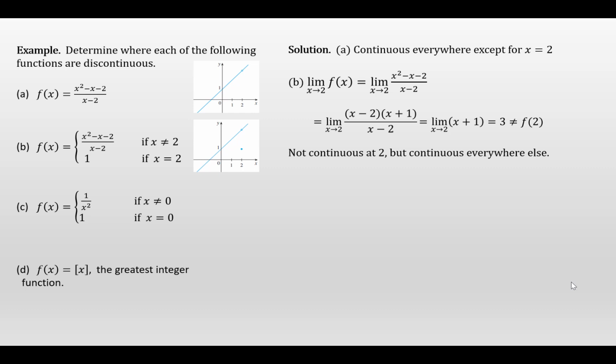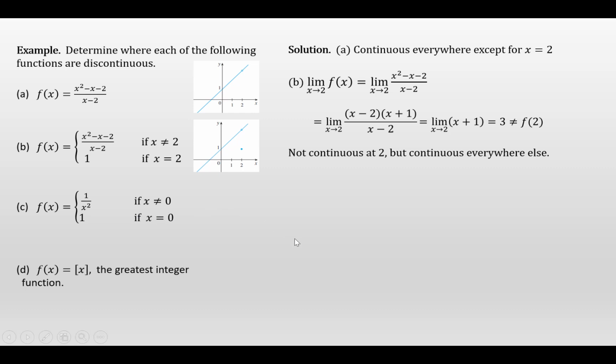For question C, we have f(x) equals 1 over x squared when x is not 0. Otherwise, when x equals 0, it is 1. Well, 1 over x squared is a rational function. It is continuous everywhere except when x equals 0. Therefore, we need to understand what happens when x approaches 0. Let's calculate the limit.